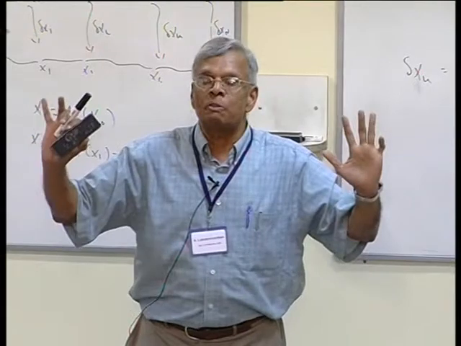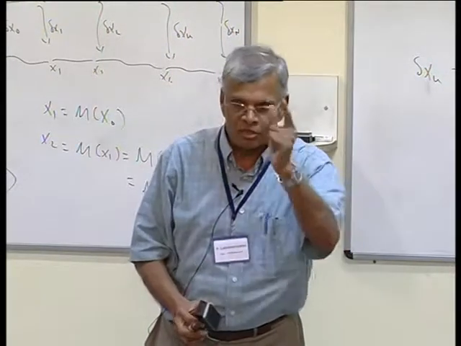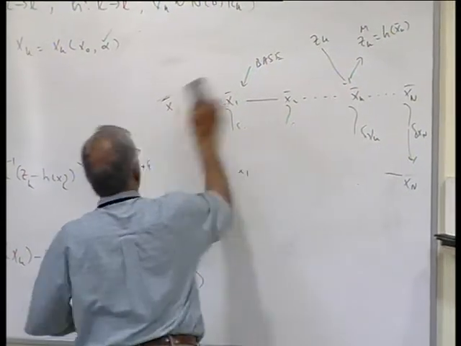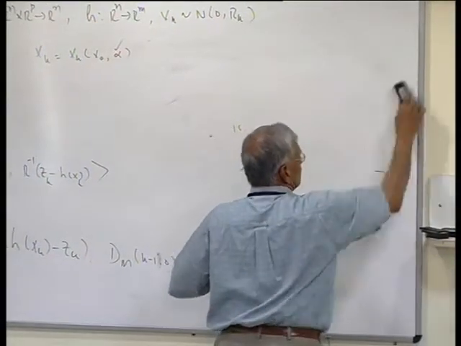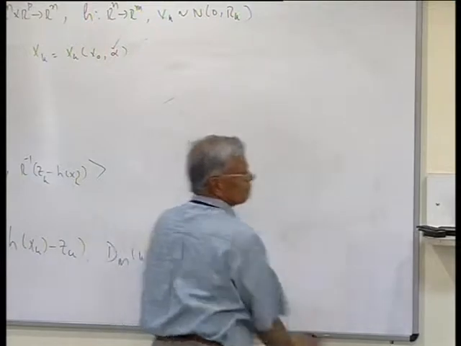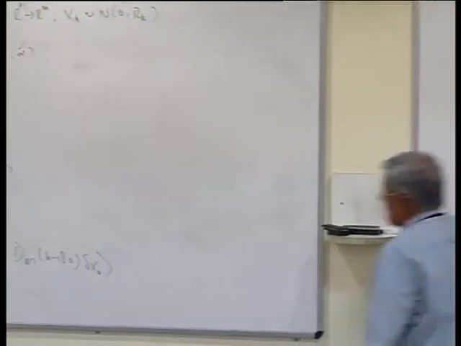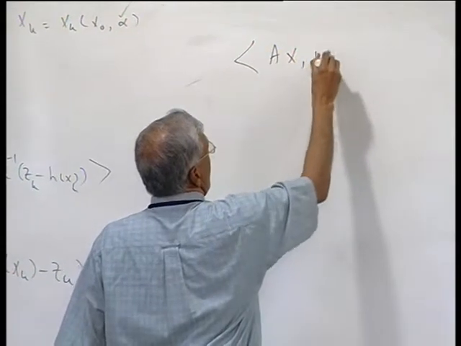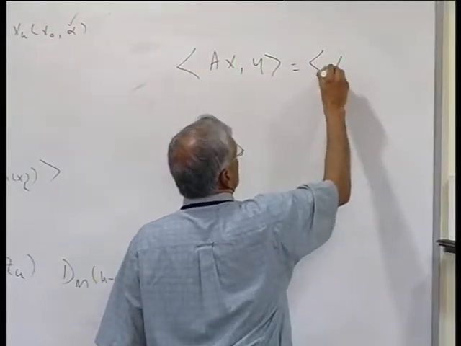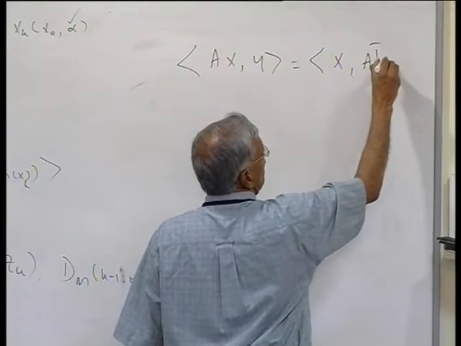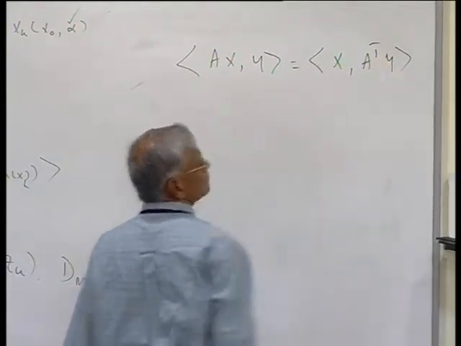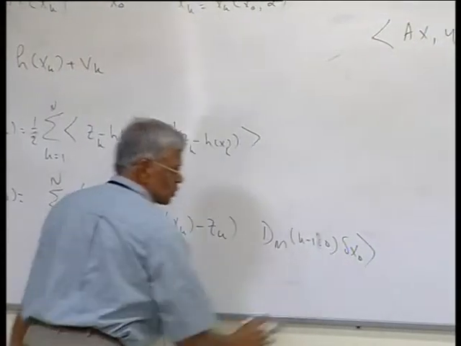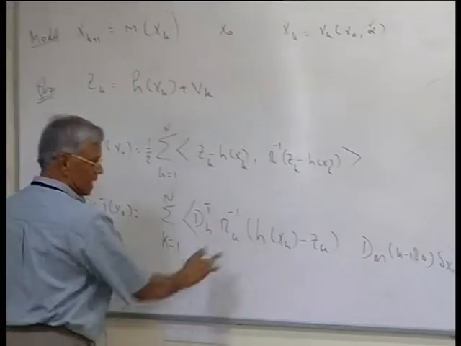Hey, we are now going to play the end game. We are one step closer to the so-called adjoint dynamics. That's where the thing comes in: Ax dot y is equal to x dot A transpose y. So this looks like A transpose y. This looks like x.